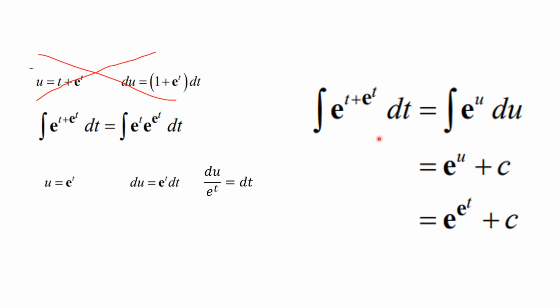So you see, this expression becomes the indefinite integral of e to the u du, and we know what that is, and then we do a back substitution to the native variable, and so the answer is e raised to the e to the t plus c.